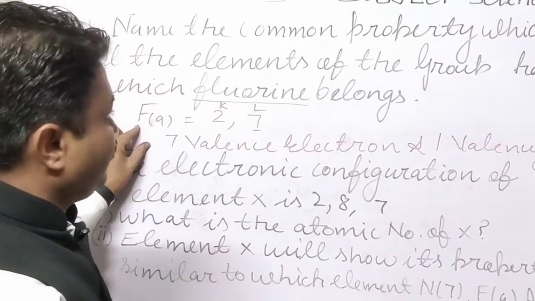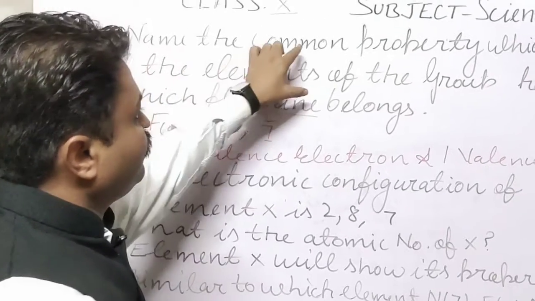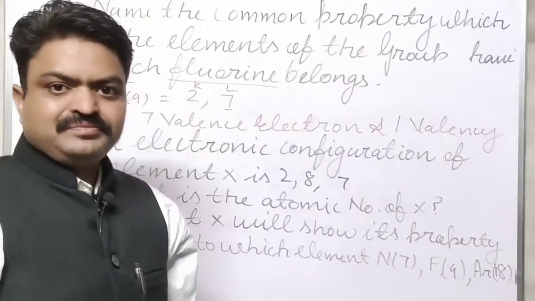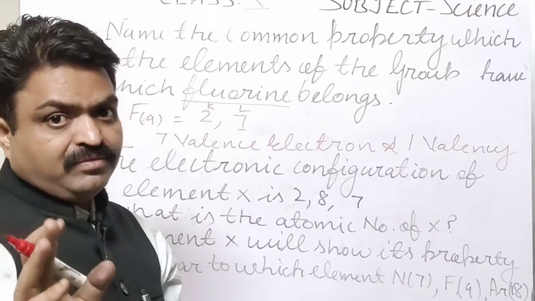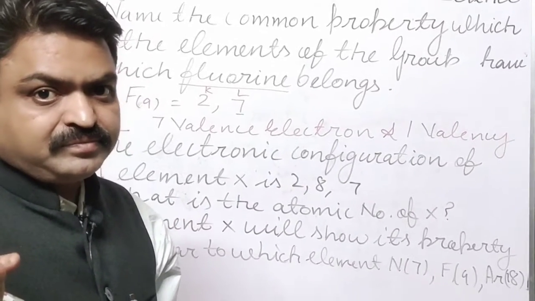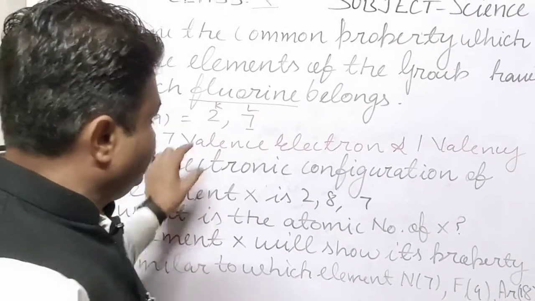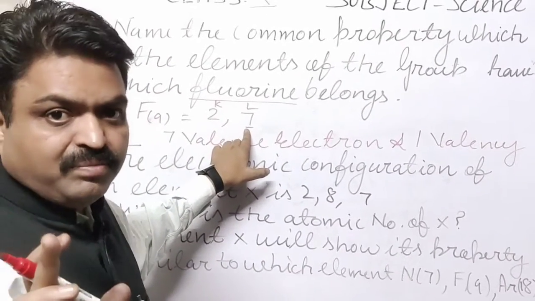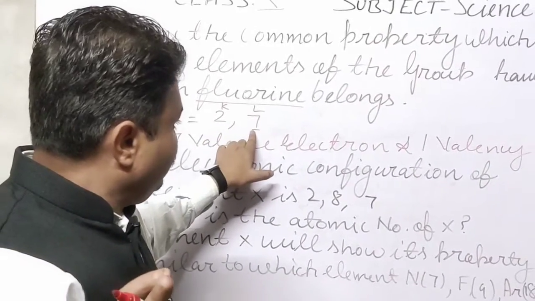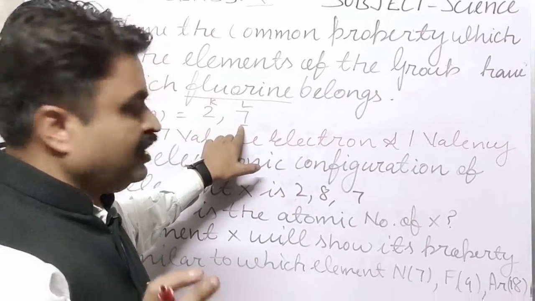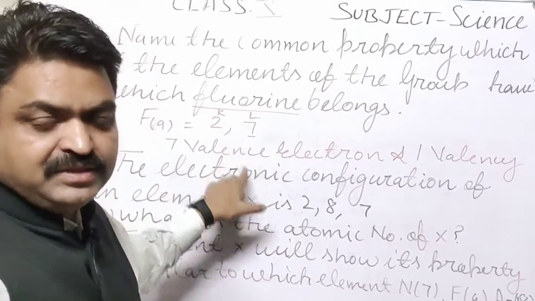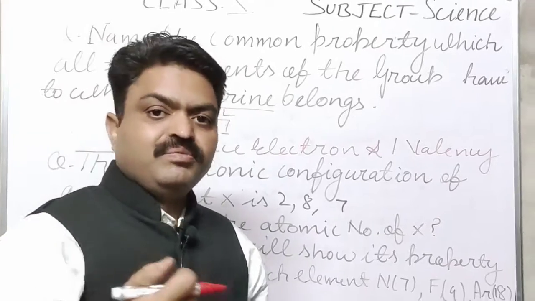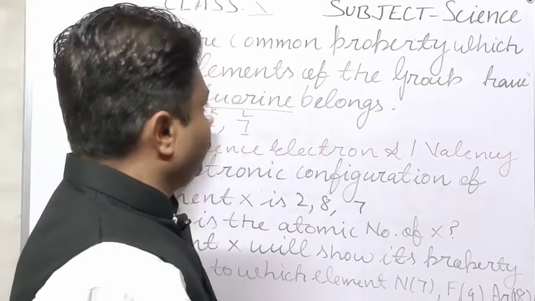And what will be the group of fluorine? Yes, students, I have taught you about this. With the help of the valence electrons we can know about the group. If we add 10 to the valence electrons, then we get the group. So what is the group of fluorine here?